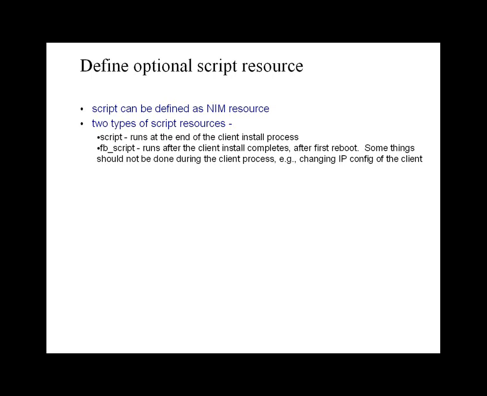There are some things you can't do in a first boot script. If you need to change the IP config, you don't want to try that in an fb_script. For me, the first boot script runs pretty early from the inittab, usually too early. When I want some post-processing to happen on the client after install, after boot, I usually want the network fully up and configured.